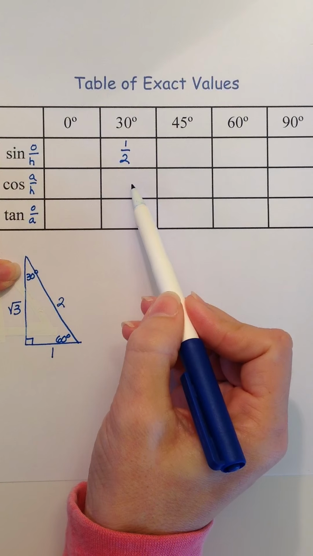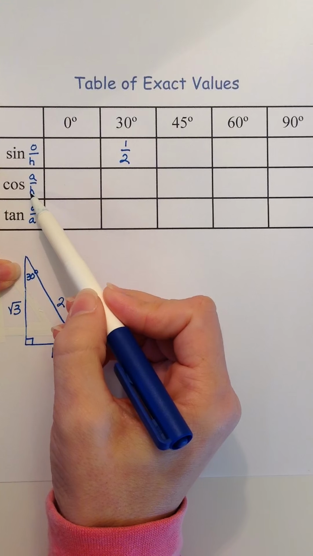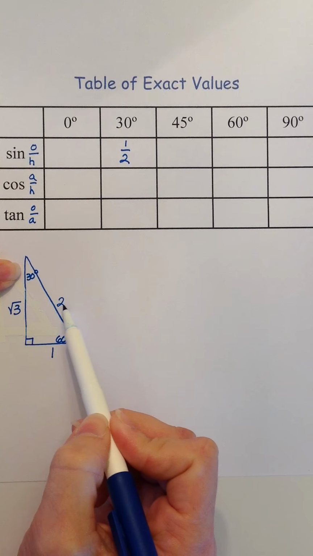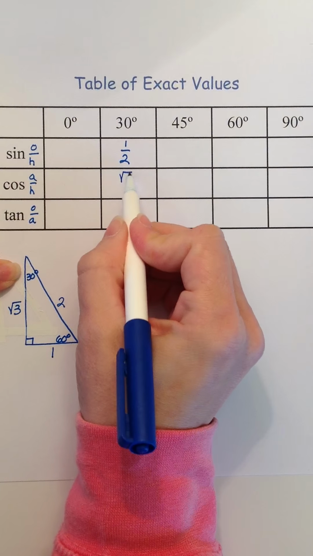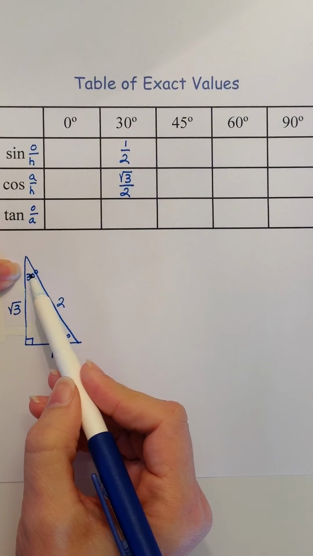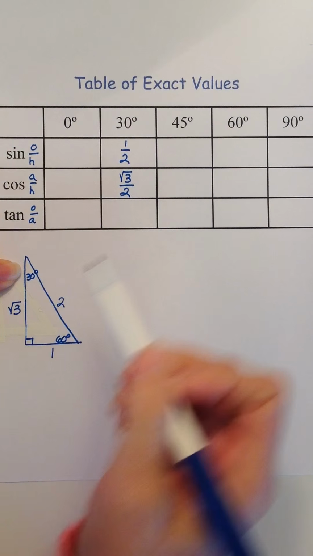Then cosine of 30 degrees is adjacent over hypotenuse, so from the 30 degree angle, adjacent is square root 3, hypotenuse is 2. And tangent is opposite over adjacent, so that would be 1 over square root 3.